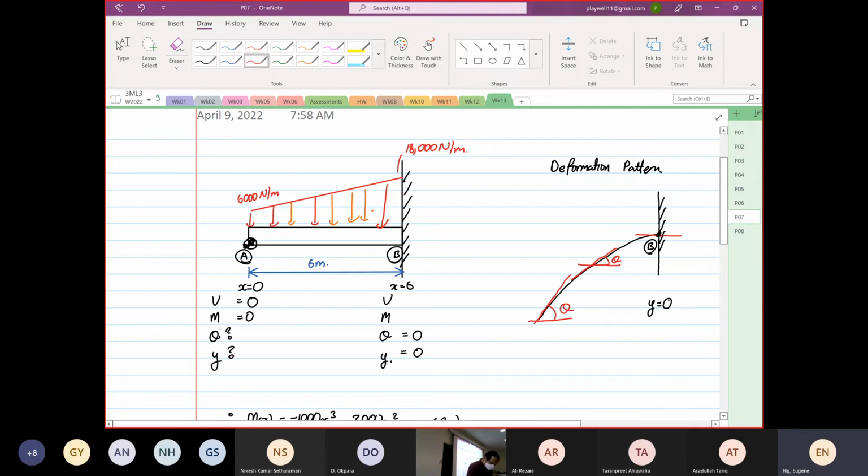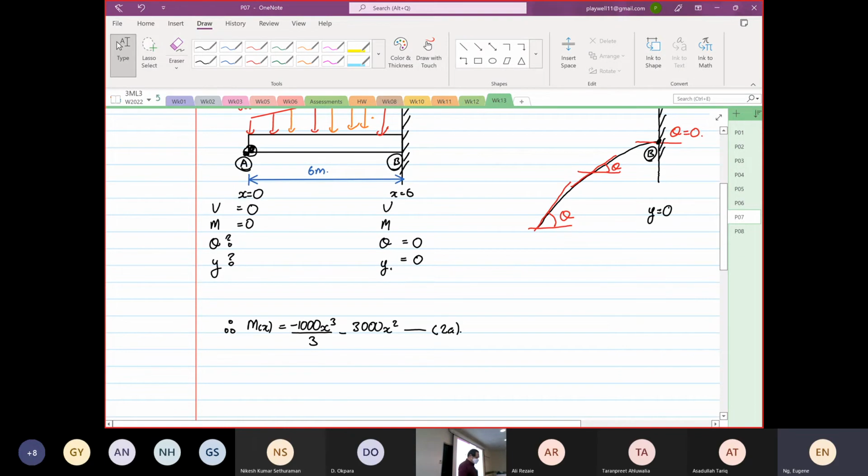But at point B, theta is equal to 0. No need to memorize, you see it physically. That's why you are mechanical engineers or civil engineers. So with this, we can form two more boundary conditions.